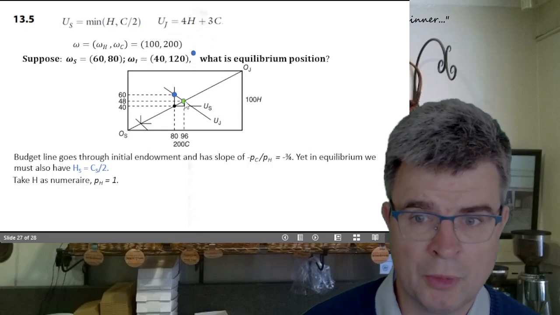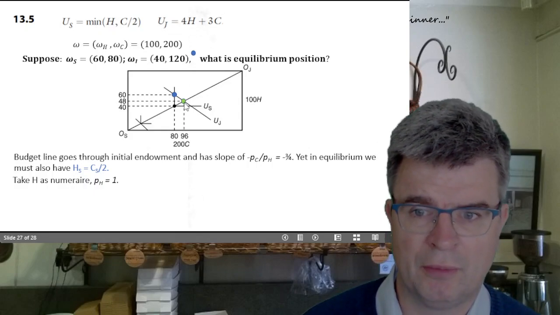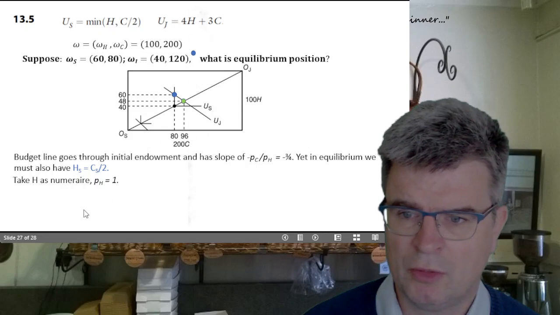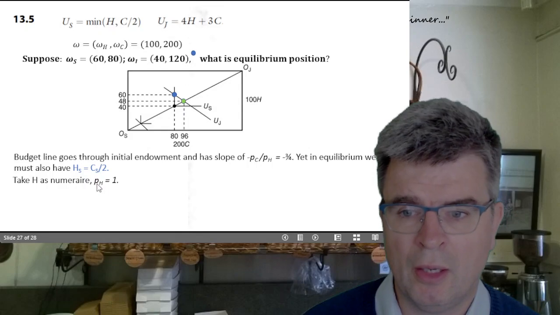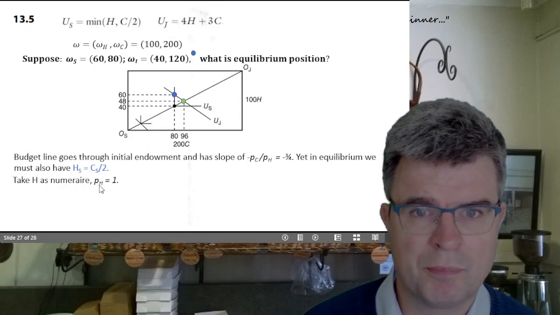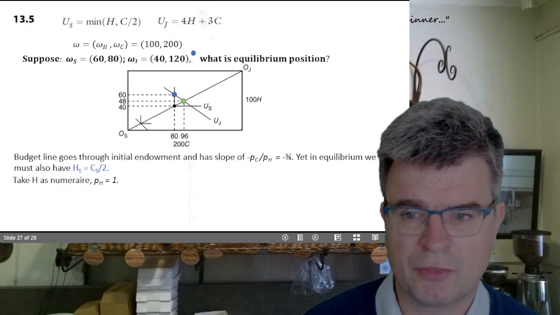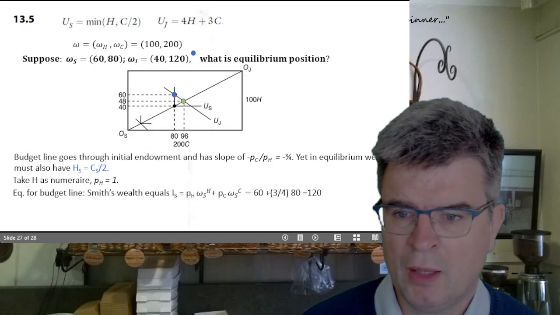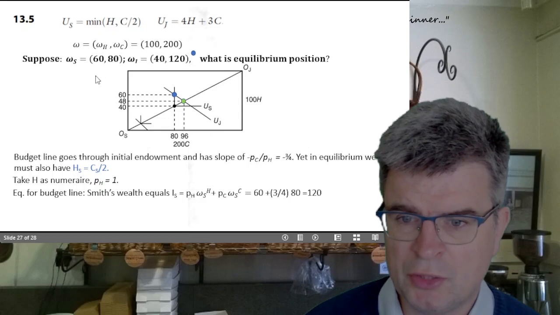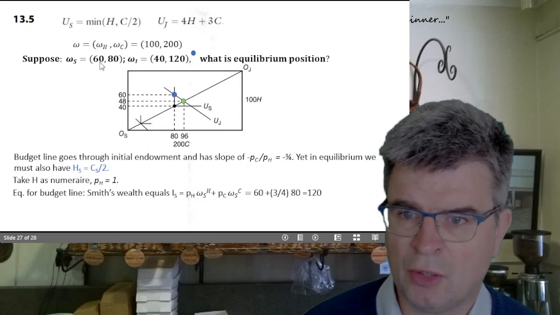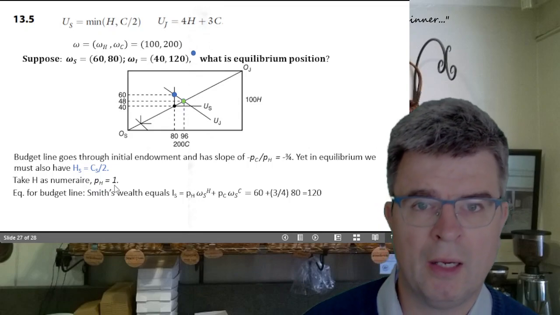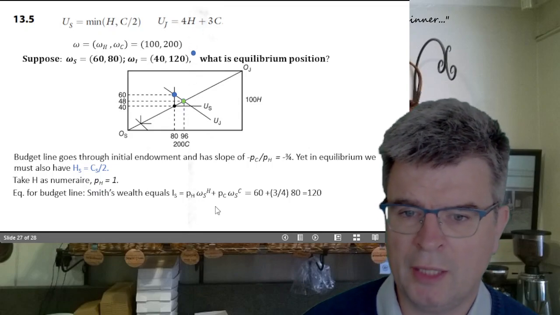And we can compute the allocation at this point. So first, without loss of generality, we take ham as the numeraire good. So we fix the price of ham at 1. And for Smith, we can now compute his budget. So he owns 60 slices of ham, which have a value of 1 each.